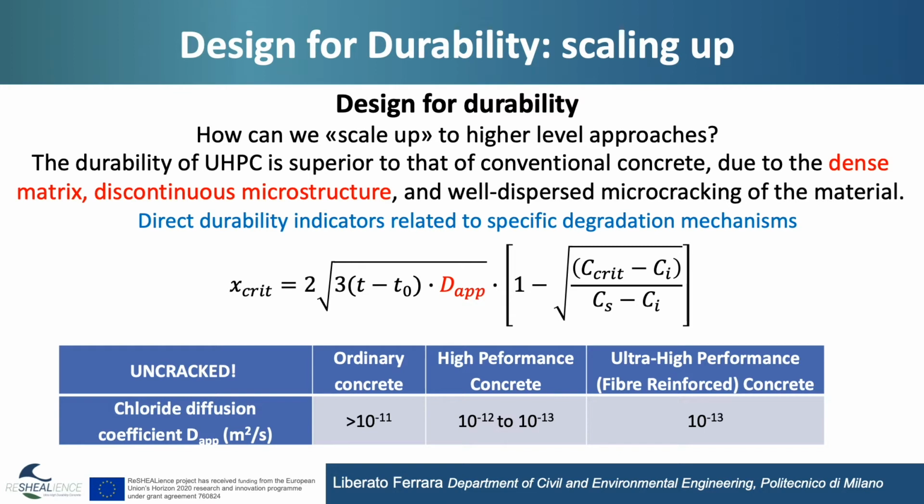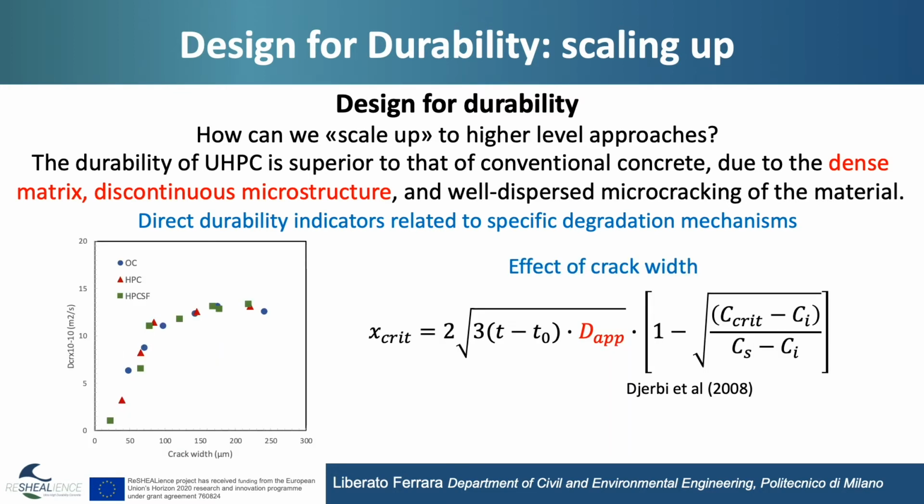This may also depend on the crack width. You can see a study made by Gérard et al. in 2008, showing how the apparent diffusion coefficient depends on the crack width, obviously increasing with it, but then reaching a sort of plateau once the crack width goes beyond a certain threshold value.